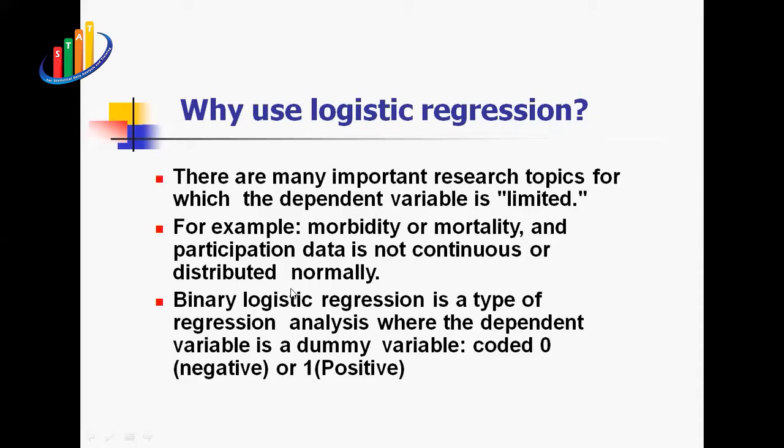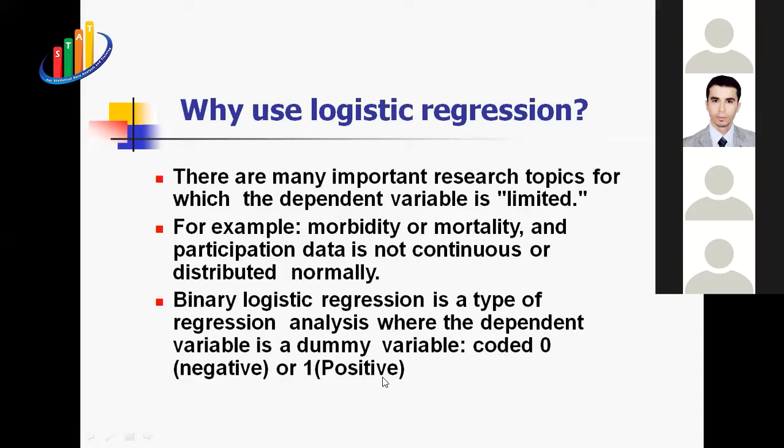So we will go for binary logistic regression. In binary logistic regression, the dependent variable is coded as a dummy variable like 0 and 1. The dependent variable will have two categories and we will code it like 0 and 1.